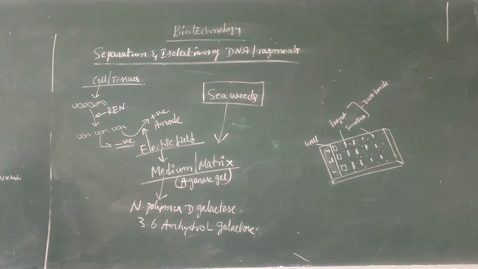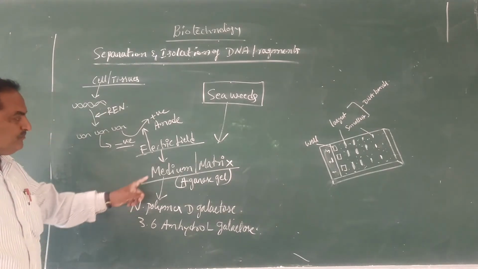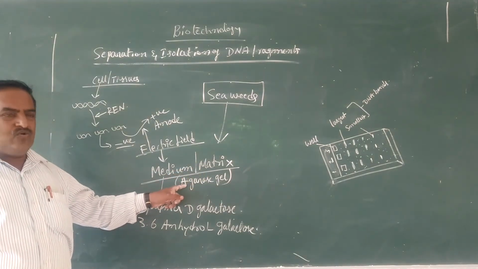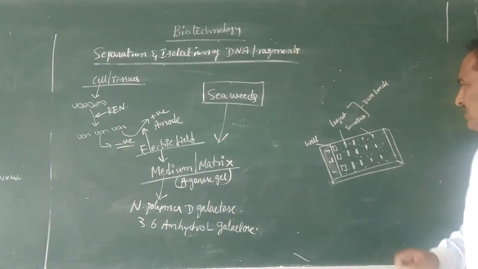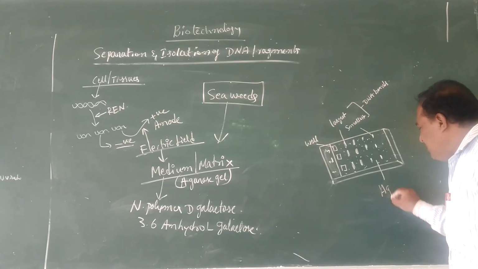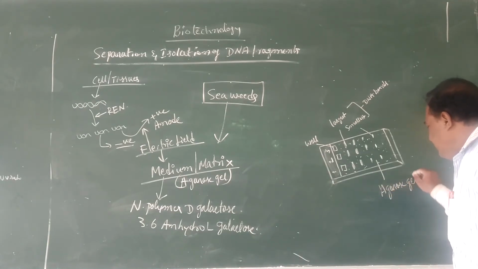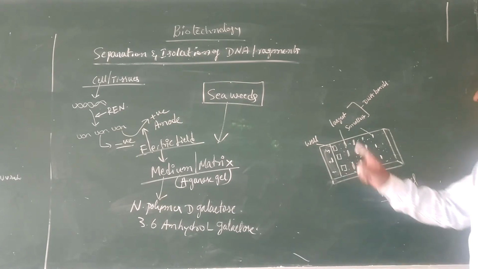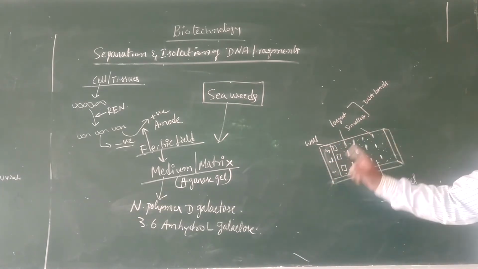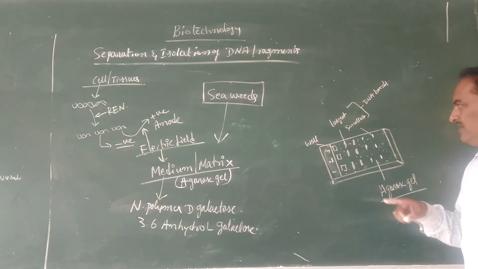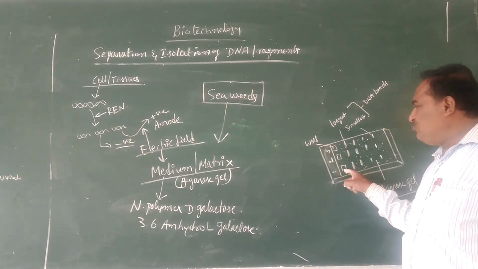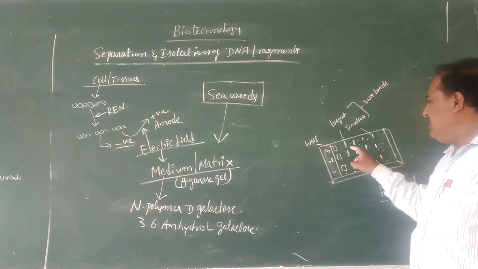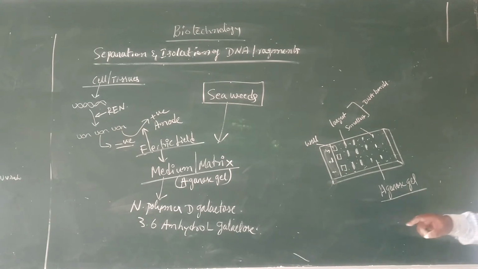The DNA fragments are separated on the matrix, the plate made of agarose gel. On this plate there are wells.